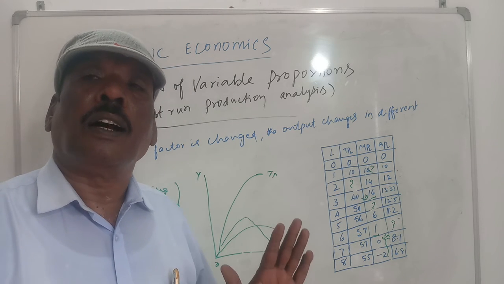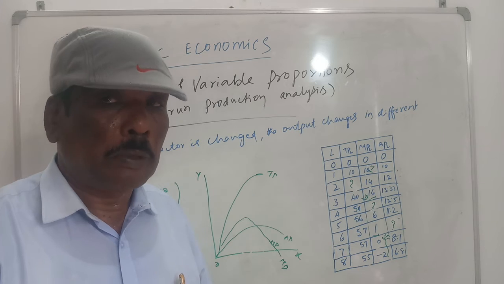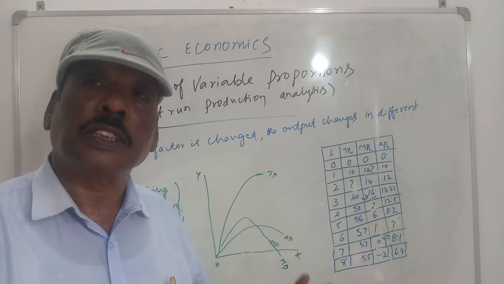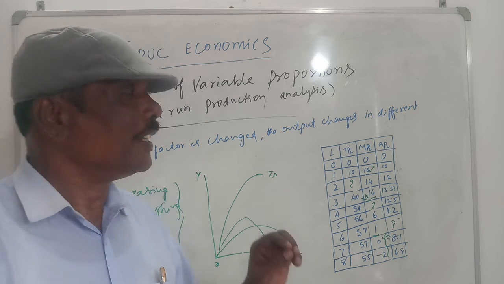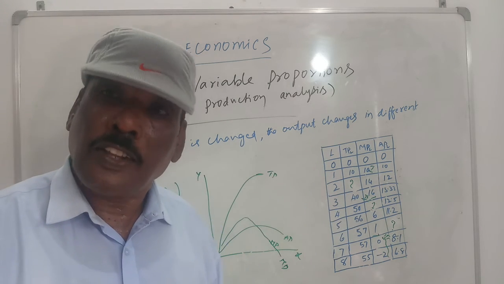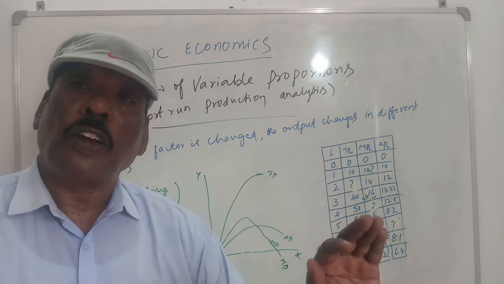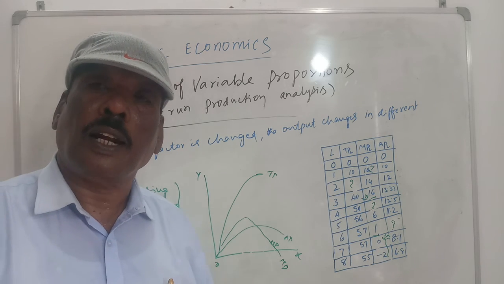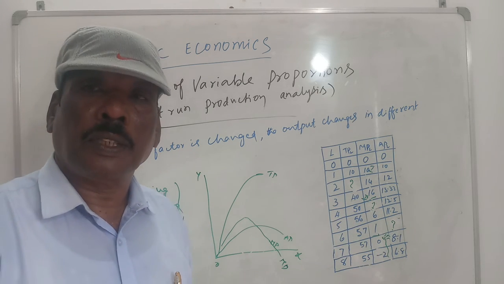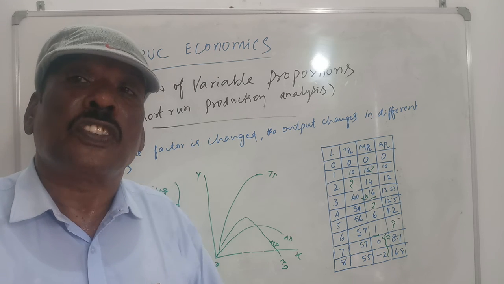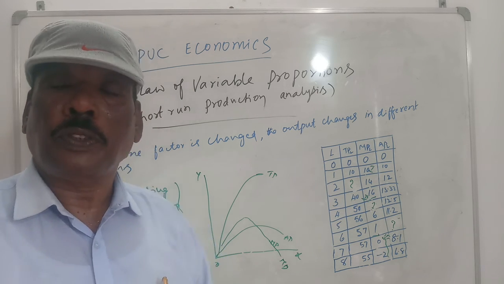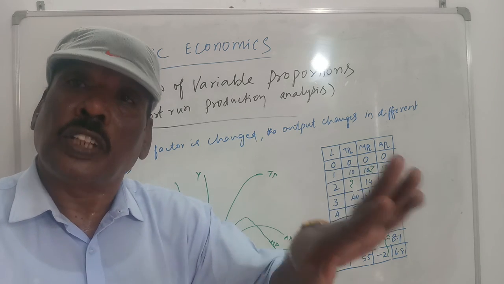And you know, the law of variable proportion is concerned with the short-run period, and it is a short-run production analysis wherein some factors are kept fixed and one factor is variable. As the input is changed, there will be changes in output, and there are 3 stages.